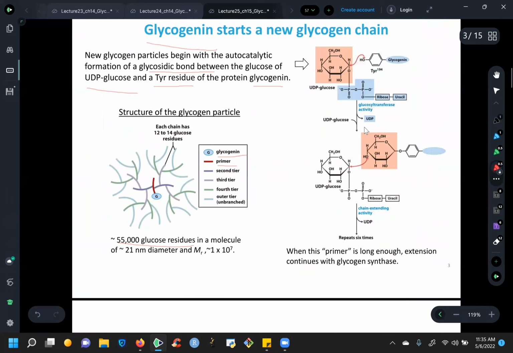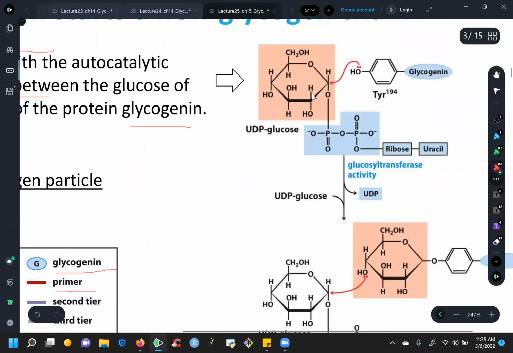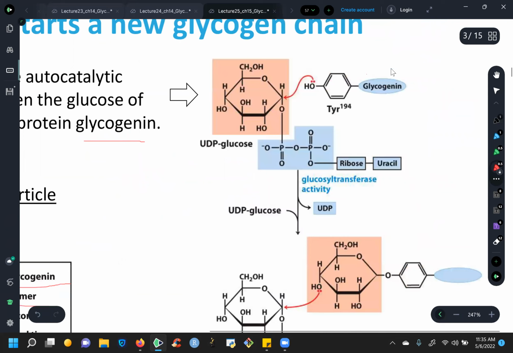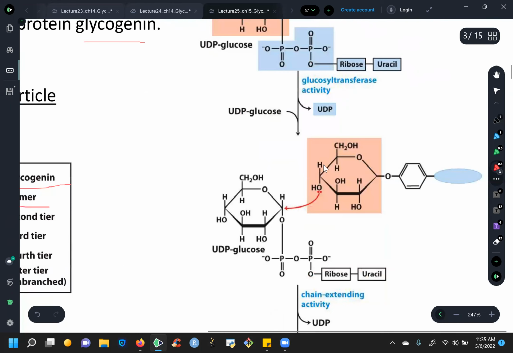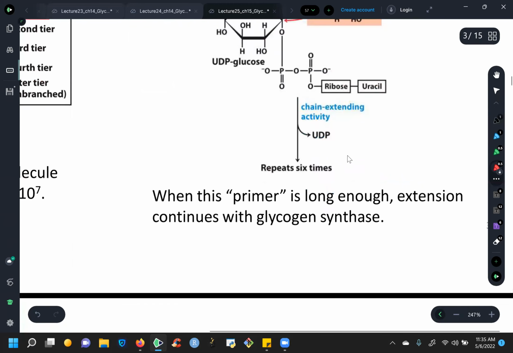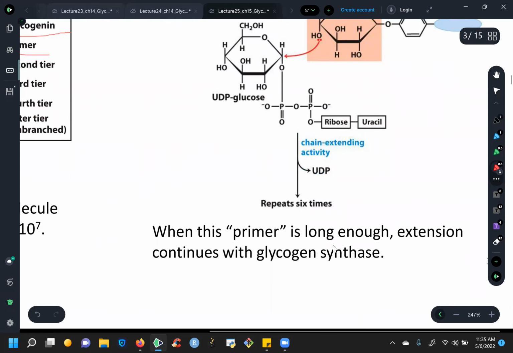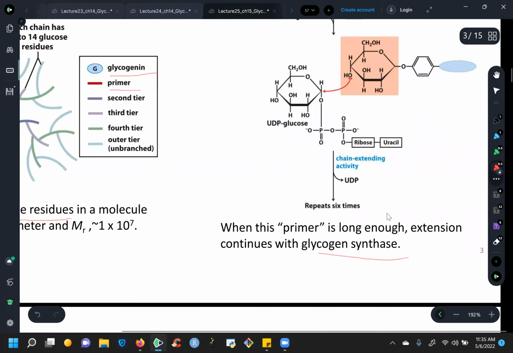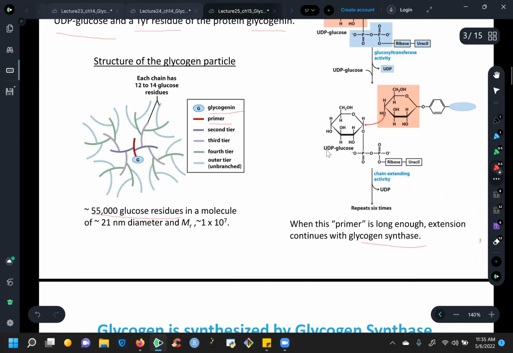So up here we have UDP glucose, and we have glycogenin, the protein that happens to have a tyrosine amino acid with an alcohol group. And so it binds UDP glucose. And then we have a chain extending activity. When this primer is long enough, extension continues with glycogen synthase. So this enzyme, glycogenin, just gets the process started.